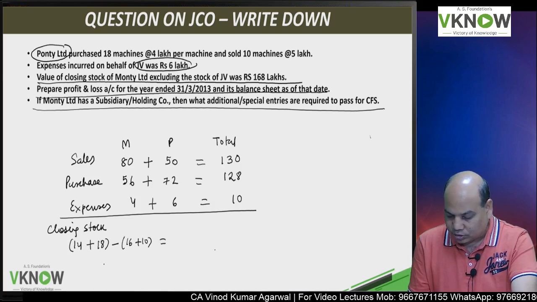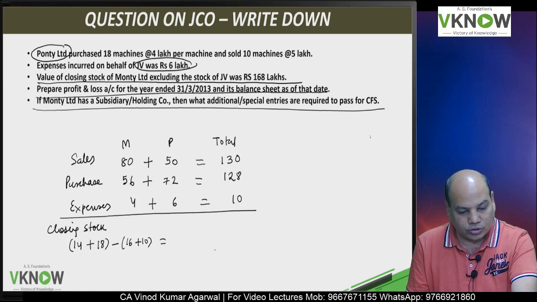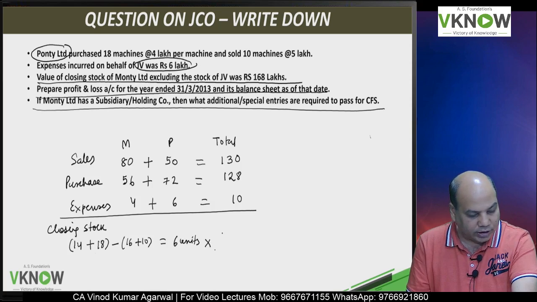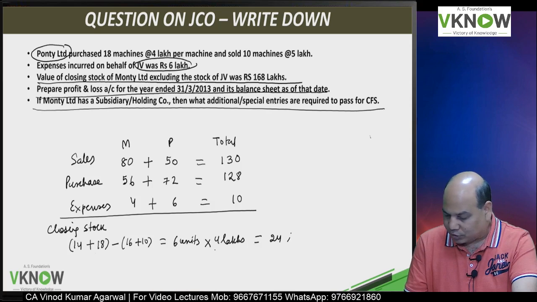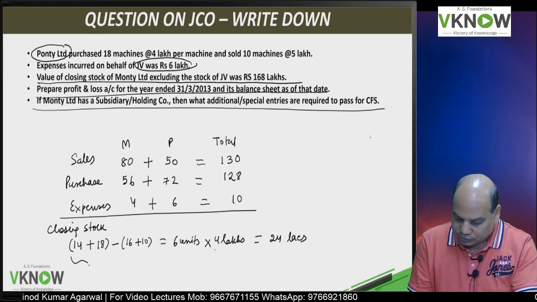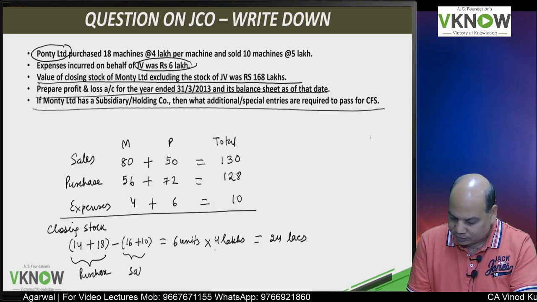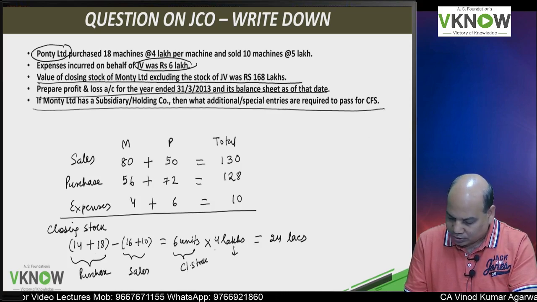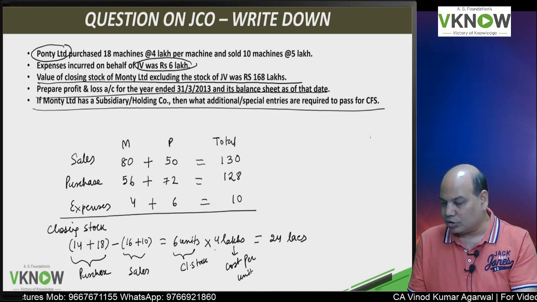So closing stock will be 32 purchased, 26 sold, so closing stock will be 6 units, and the rate is 4 lakh rupees. So that closing stock will be 24 lakhs. This is purchase, this is sale, this is closing stock quantity, and this is cost per unit. So they have closing stock of 24 lakh.